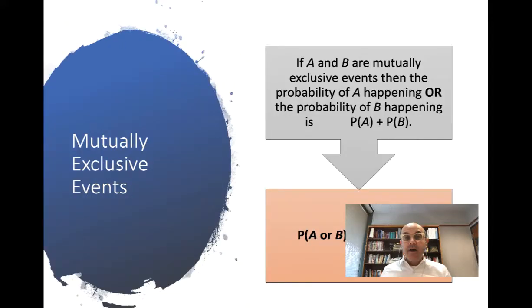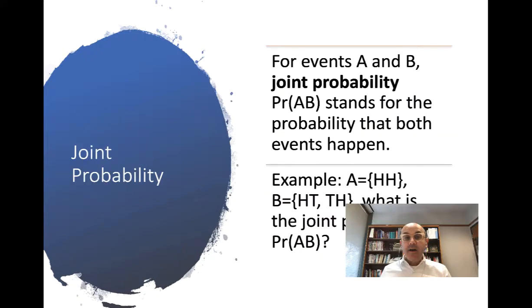So if A and B are mutually exclusive events, then the probability of A happening or the probability of B happening can be considered as a foundation, as a formula: P(A) plus P(B). That's the basic formula for mutually exclusive.